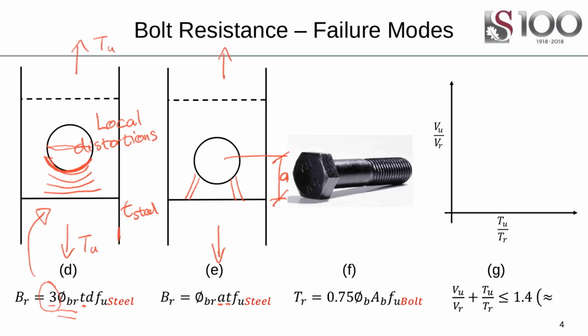Then we move on to the tensile resistance of a bolt. So for instance, here is a bolt, and we put a tension force along the length of the bolt. Now, it could fail either through the solid section or through the threaded section. The thing is, every bolt has a threaded section, otherwise it wouldn't be a bolt. The threaded section is inherently weaker, so we will always check the weaker section.